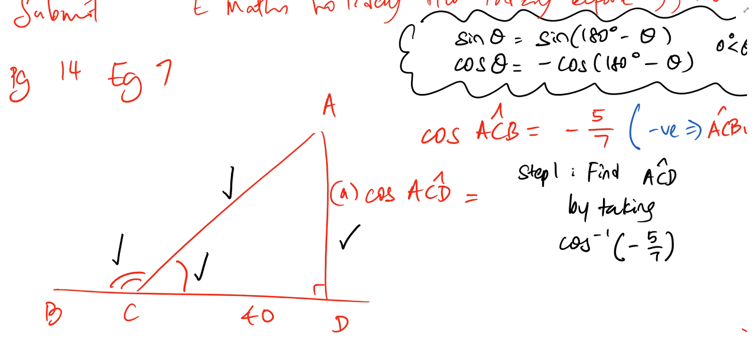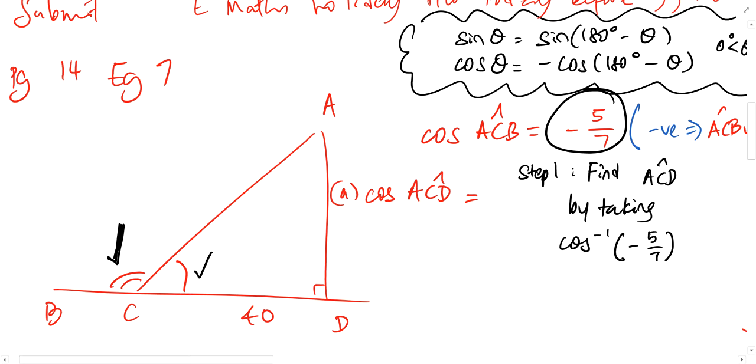Okay, are you following the proposal by our classmates? You understand what they're trying to say? So they are saying, let us take cosine inverse of negative 5 over 7 so that I can find angle ACB. Then I take 180 degrees minus ACB to get ACD.